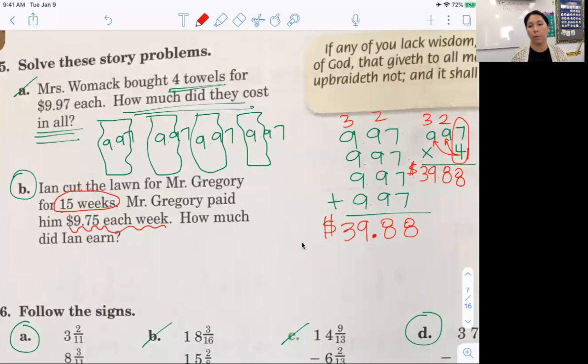So he worked for 15 weeks, 5, 10, 15, and every single week he got $9.75 each week. How much did he earn in all 15 weeks? Okay, you need to figure that out, decide how you're going to solve the problem, push pause, and give it your best try.